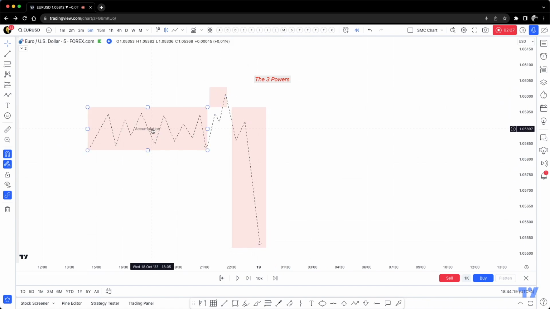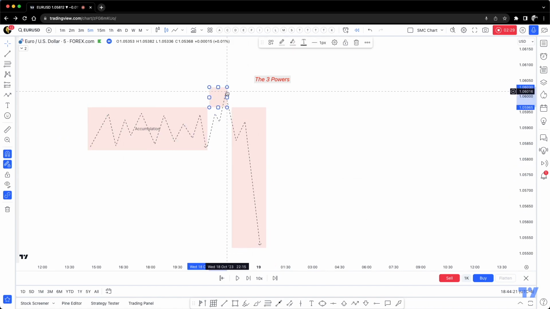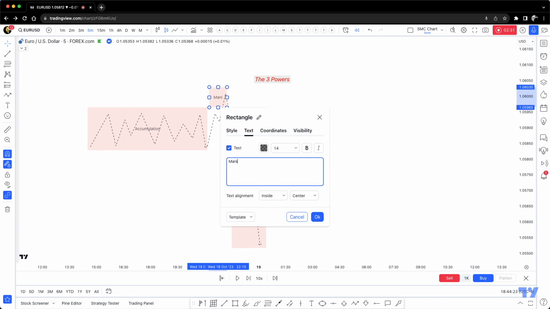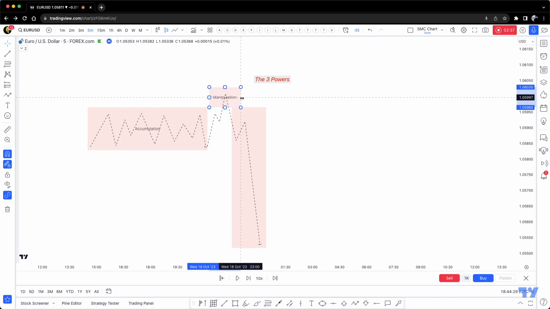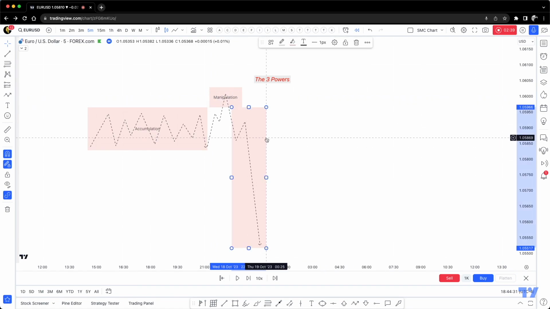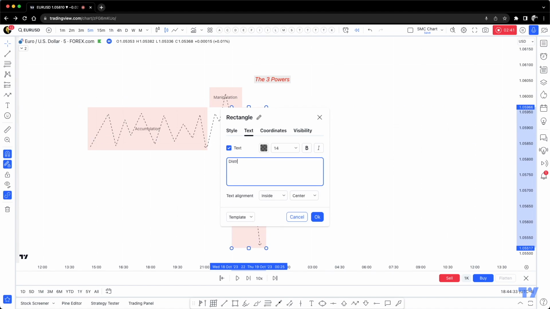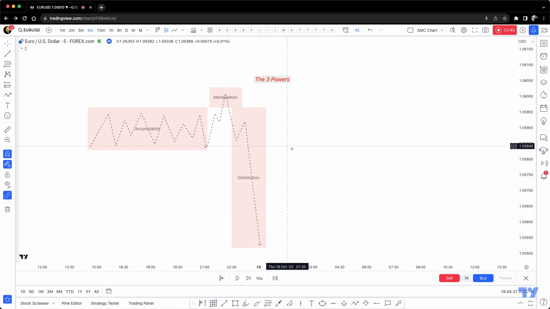So we have accumulation. This right here is manipulation. And then we have distribution. All right, something like that.